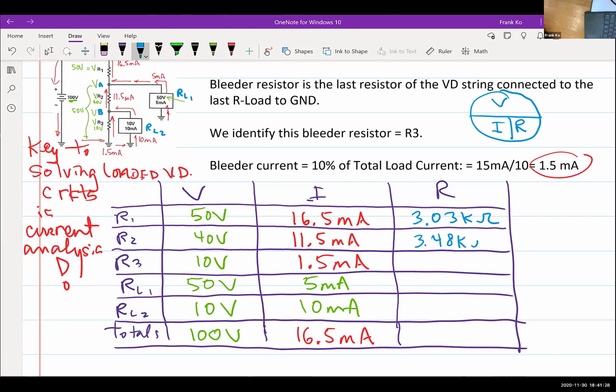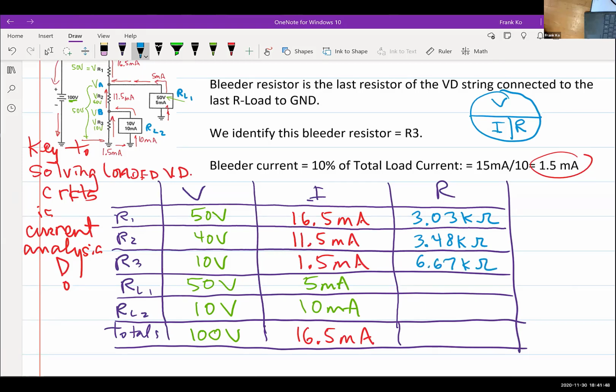3.48 kilo ohms. And then my voltage across R3 is 10 volts divided by 1.5 milliamps. So R3 works out to be what value? 6.67 kilo ohms.